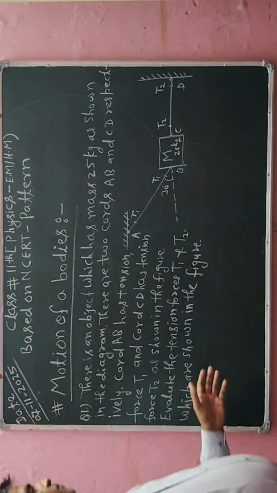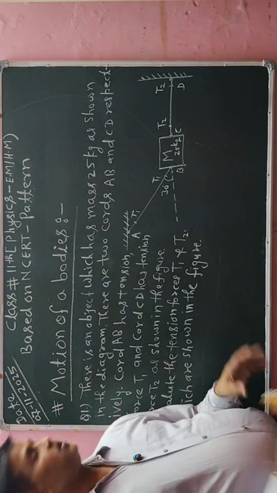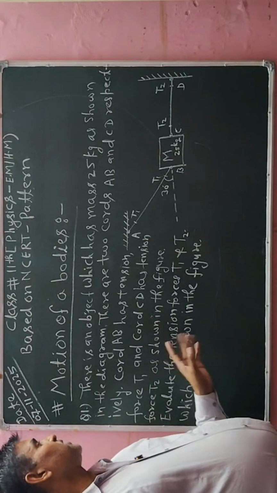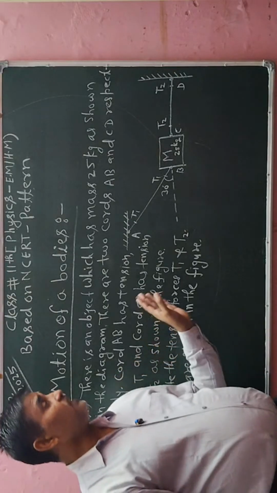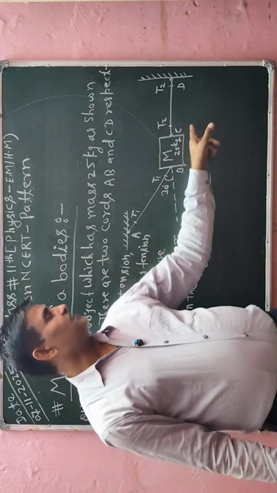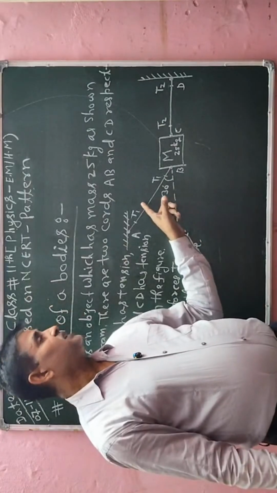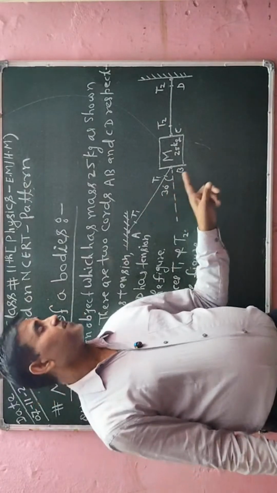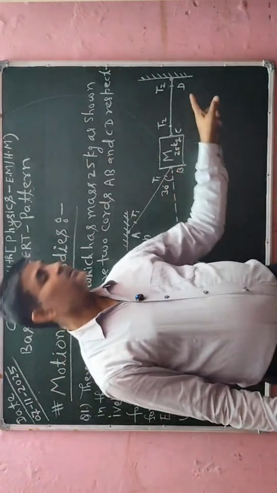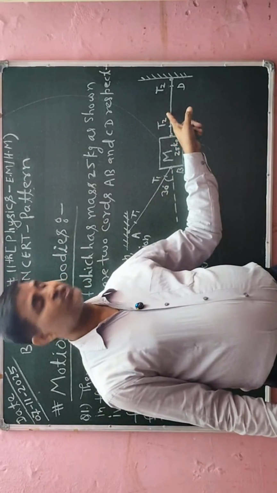So all the data which are available in the diagram I have represented in language. Okay, here I have written there are two chords. One chord is AB and the other is CD. Now chord AB feels a tension force T1. Similarly, CD is also a chord and it feels tension force T2.